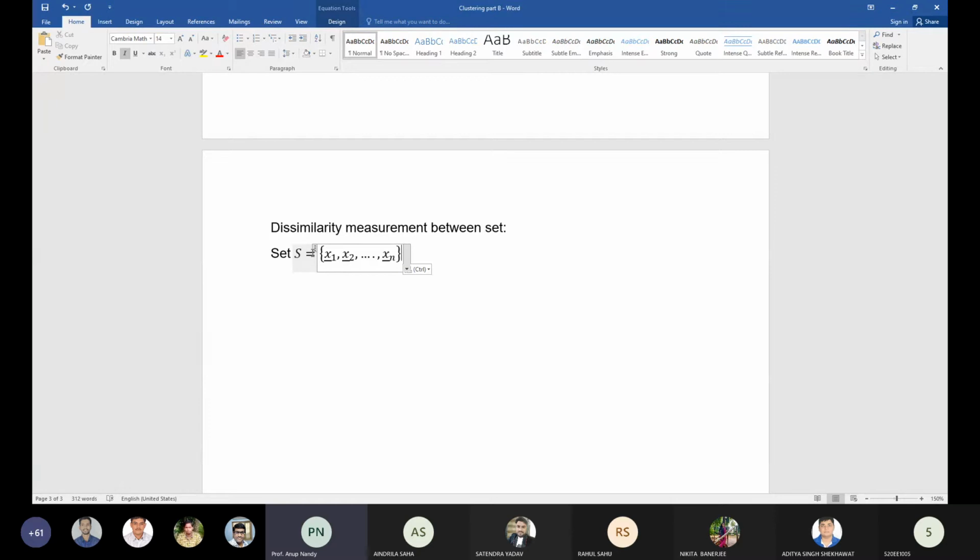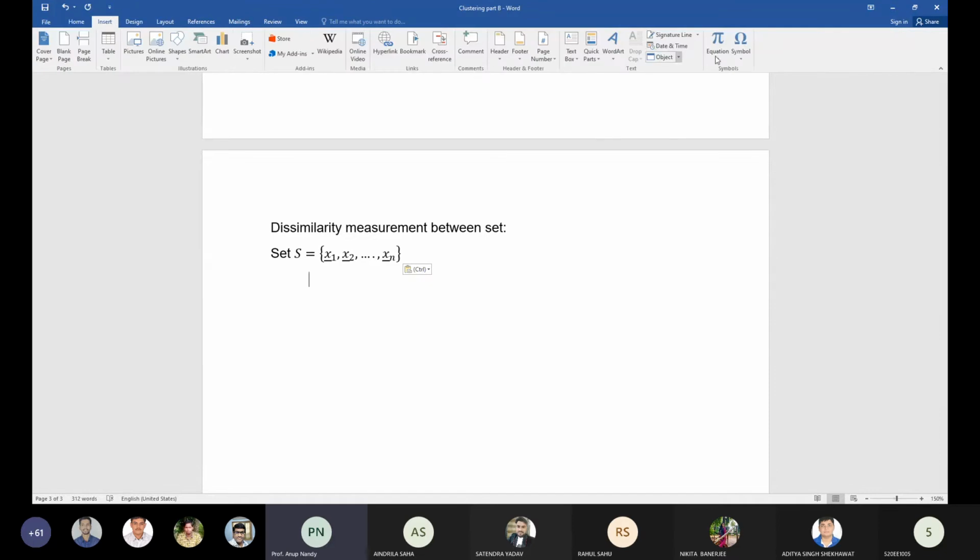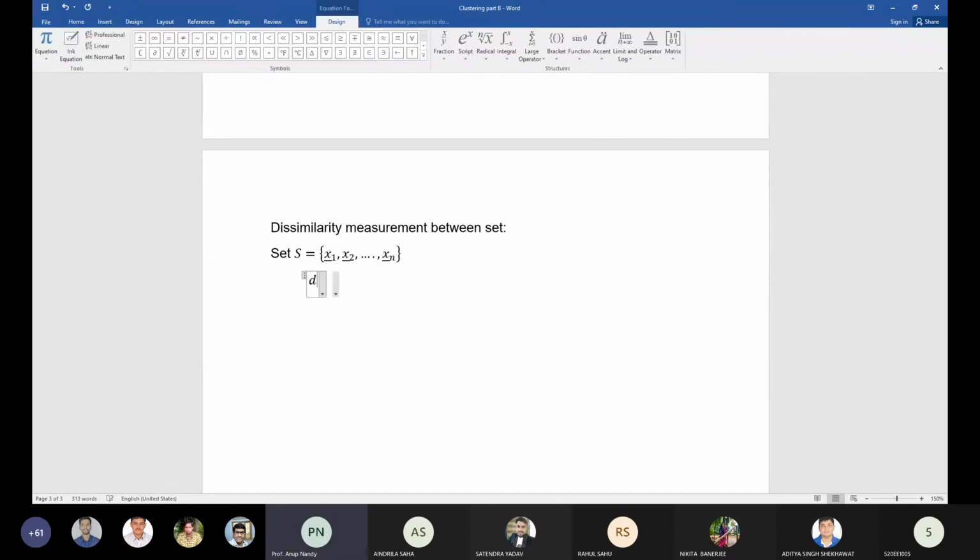Now D is a dissimilarity between these elements. We are going to compute this small d, or you can say capital D. This is called the dissimilarity between elements.